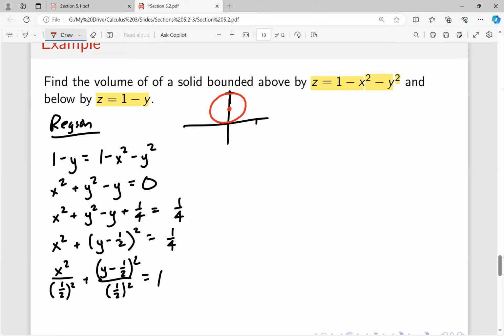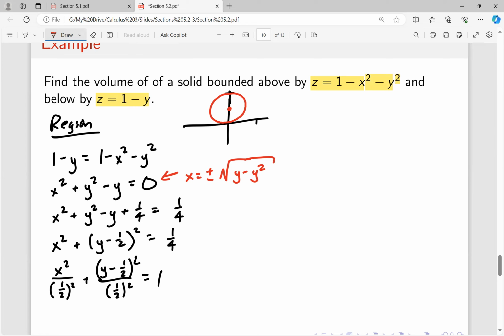So which is going to be the better way to do this? I might solve for x right here. So then x equals the positive or negative square root of, moving the other one to the other side, y minus y squared.